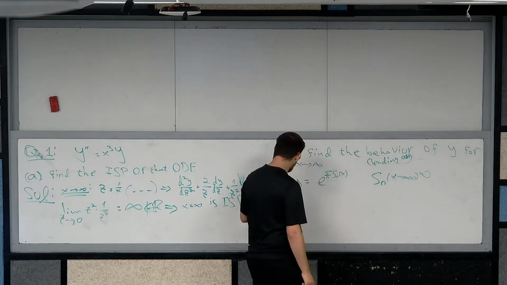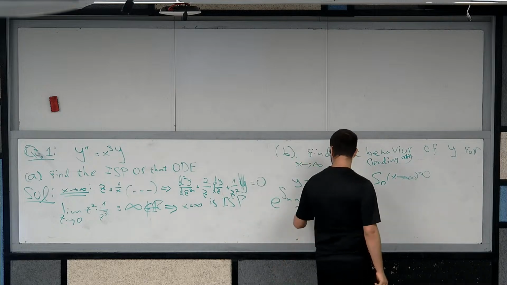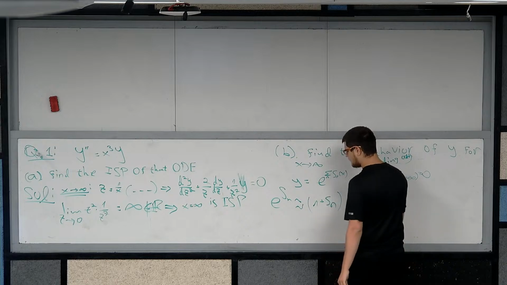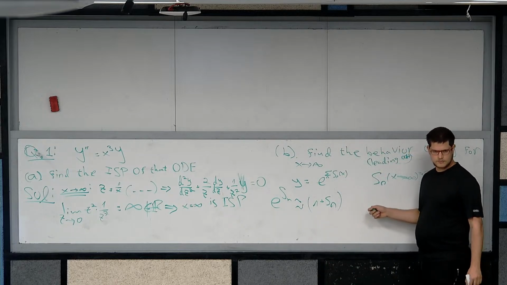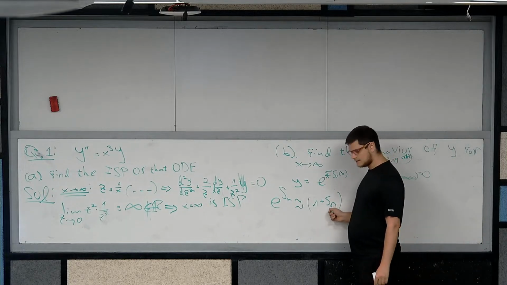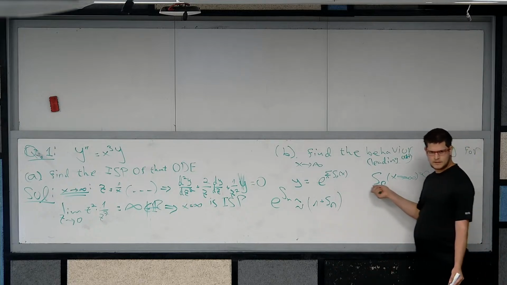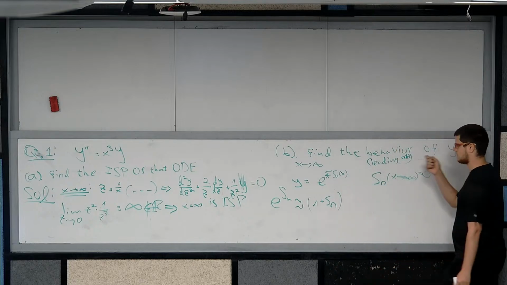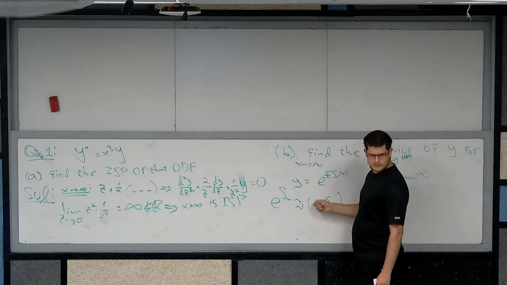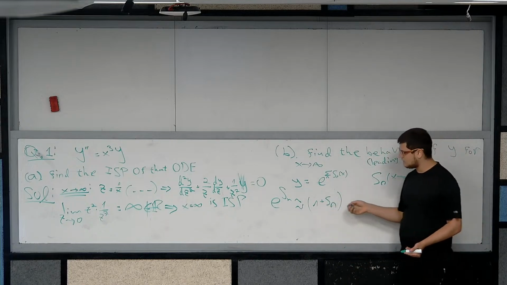Because that goes to 0, you will have e to the Sn, and it's approximately 1 plus Sn, if Sn goes to 0. For x very large, you want to find the behavior as x approaches infinity. So what you actually have is this behavior, and that is a very nice form.